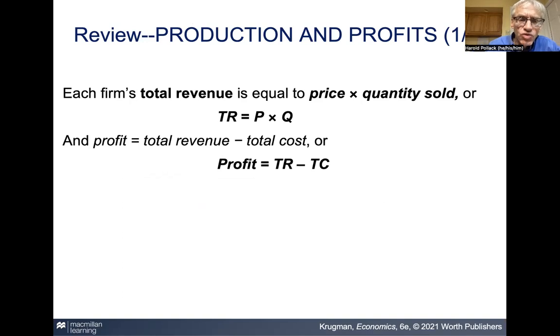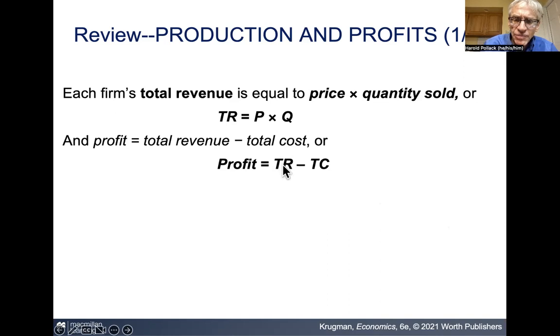Now, profit is total revenue minus total cost. So price times quantity minus total cost. By the way, if you divide this total revenue minus total cost, so you divide that whole thing by Q, you're going to get total revenue divided by Q minus total cost over Q. Total cost over Q is just average total cost.